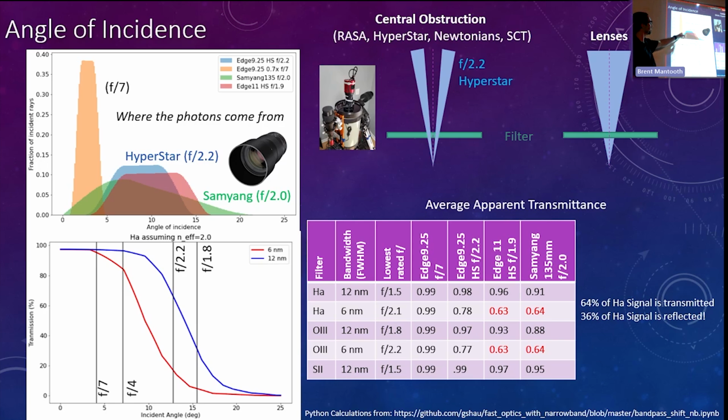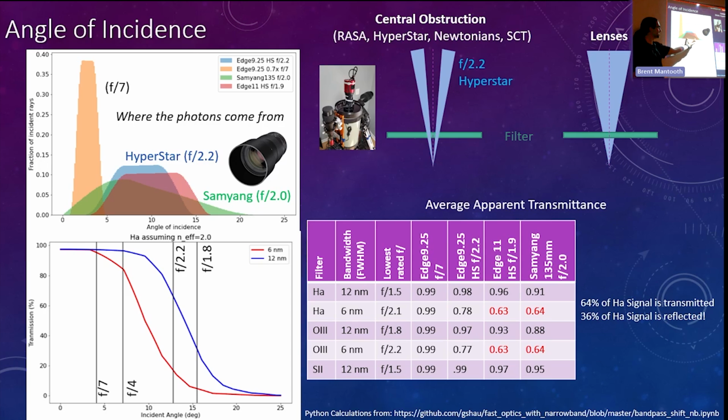For my HyperStar, the Schmidt-Cassegrain telescope that I'm using has a central obstruction. That means that there are no photons coming in at the 0 angle. They're all coming in with that central obstruction blocked. As we go to the HyperStar, more of the photons are coming in at these incident angles.